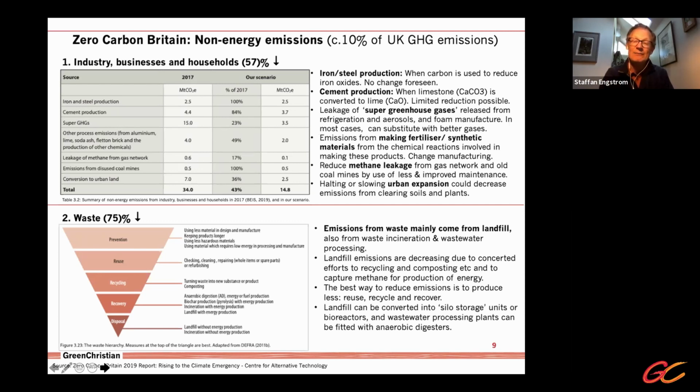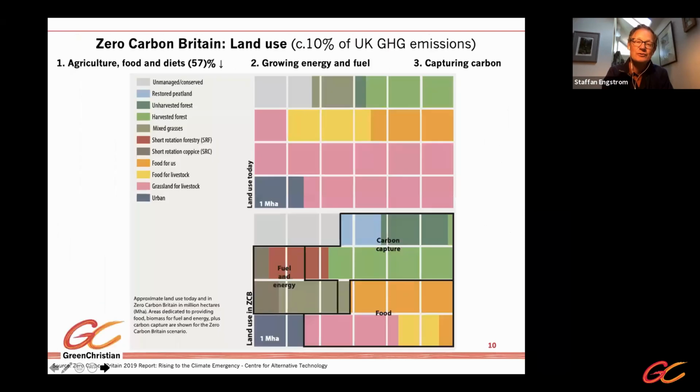And for waste, similarly, emissions from waste mainly come from landfill, methane that's produced, and from waste incineration and wastewater processing. So there's a game plan that they provide to help to work through that 10% of the UK greenhouse gas emissions. And the last 10% is in terms of how land is used.